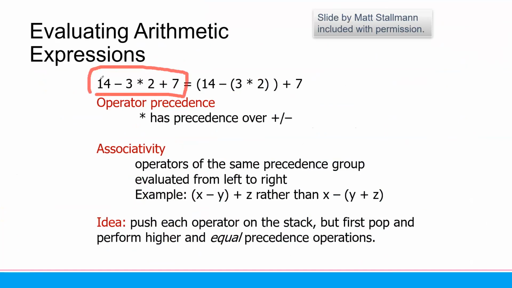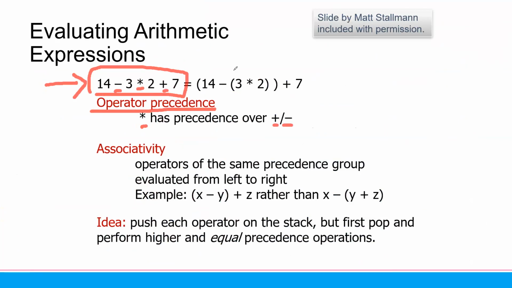When we have this kind of arithmetic, in Python, they follow the operator precedence. What is operator precedence? There are some rules. Multiply should be first, and then plus, and then minus.